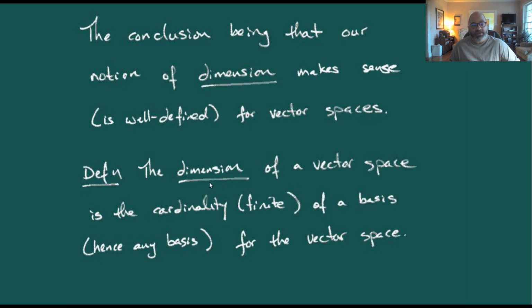We're not dealing with infinite dimensional vector spaces at this point. And so this notion of dimension does make sense. It is going to be well defined for finite dimensional vector spaces. So we've gone all the way through talking about bases and linear independence and getting to this notion of dimension being solid and concrete.